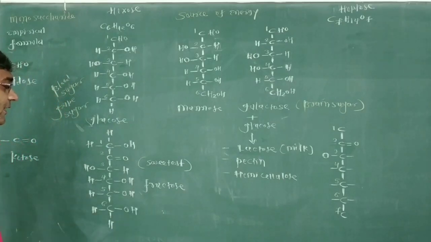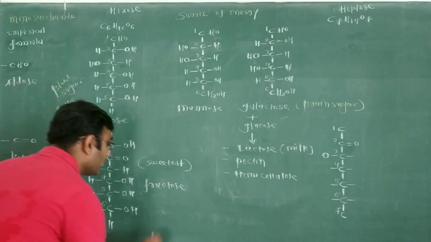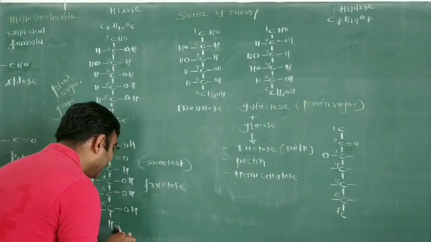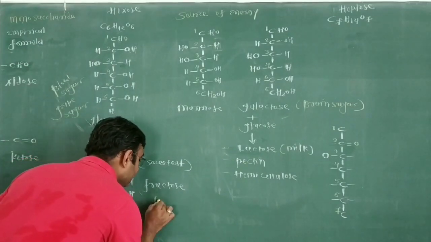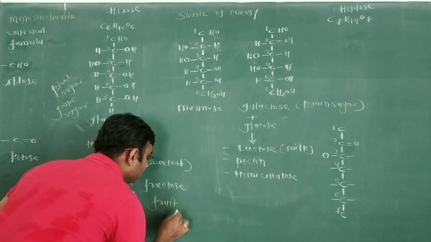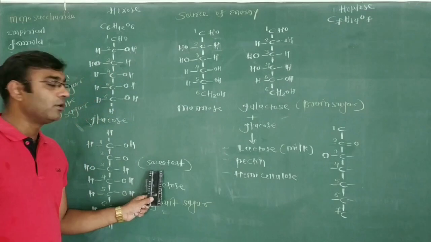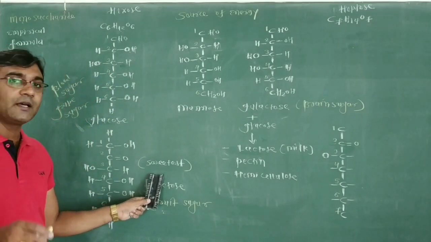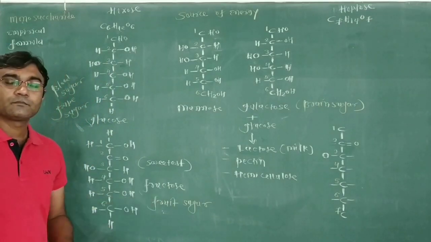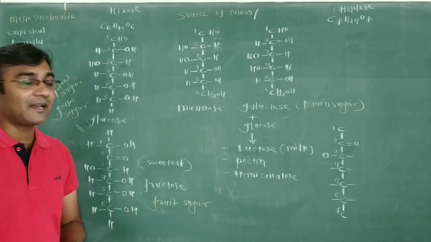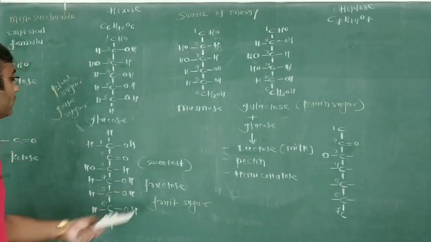Fruit juice contains the sugar that is fructose. That's why fructose is called fruit sugar. And the other identity: the sweetest carbohydrate is fructose.